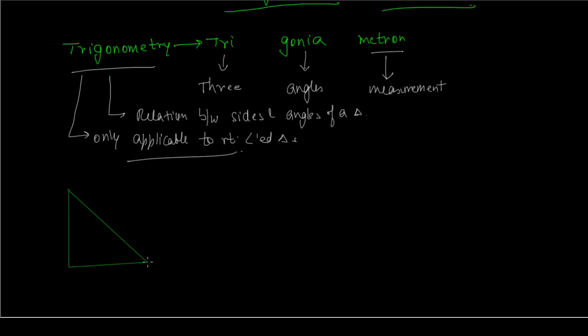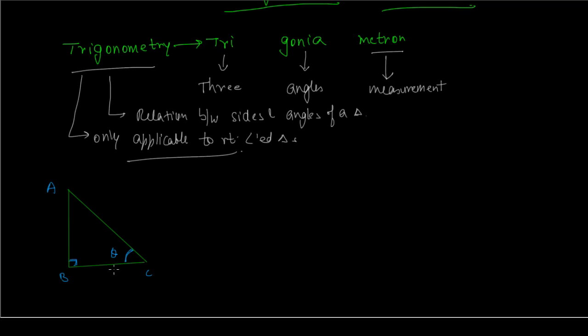Oh, what a triangle! Completely straight. Suppose it is right angled at this point, and I name this triangle A, B, C. So there's one right angle and there are some other angles also. Suppose this angle is theta. Now you know theta is the Greek letter which denotes angles, right?